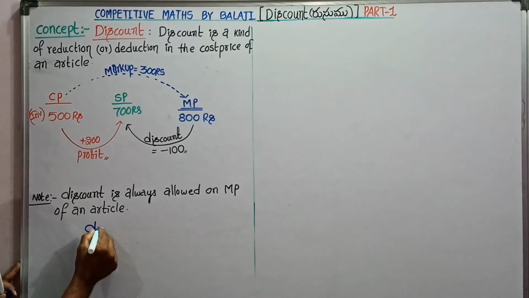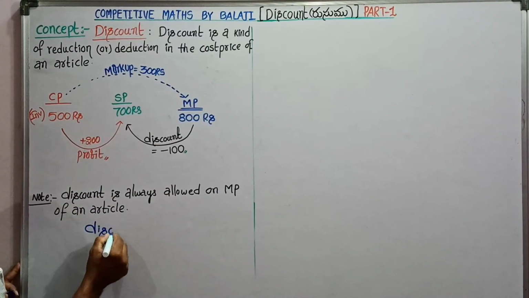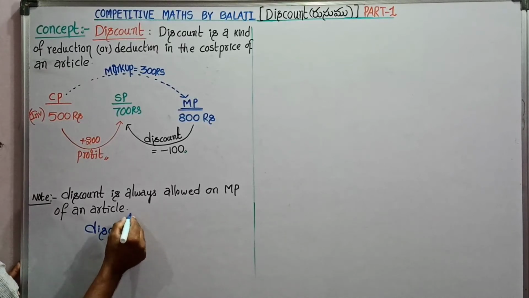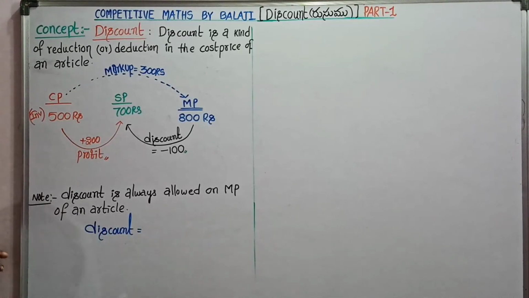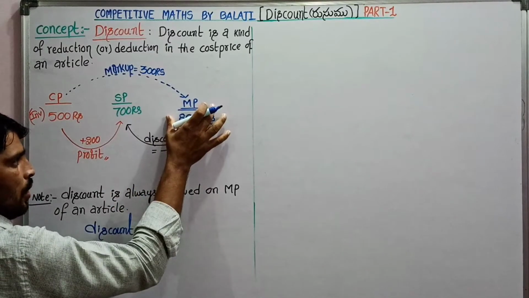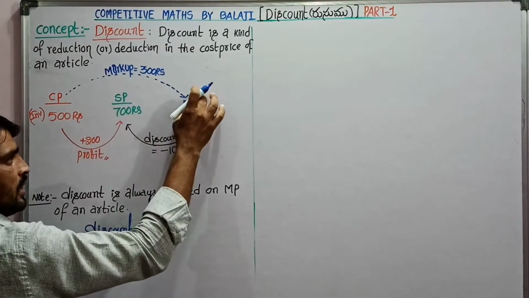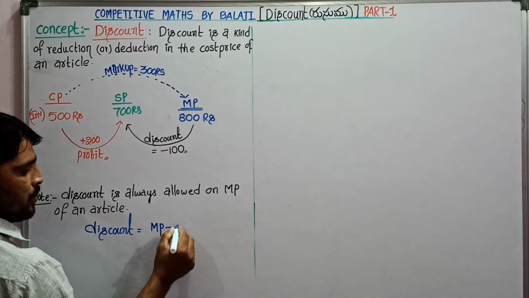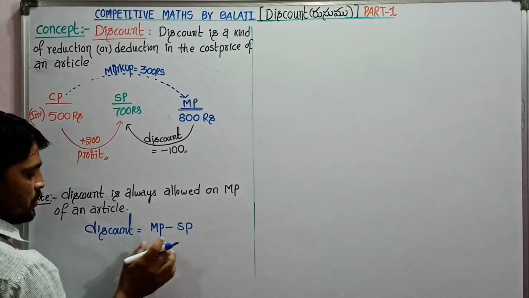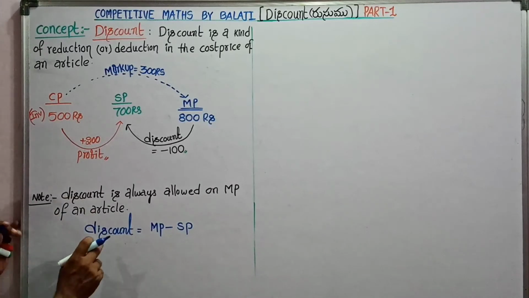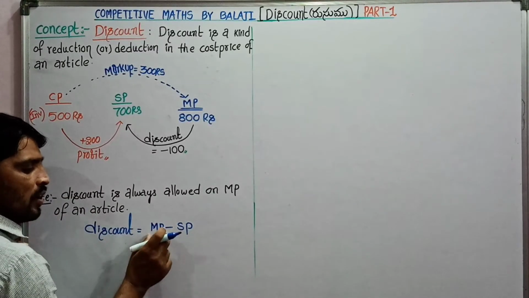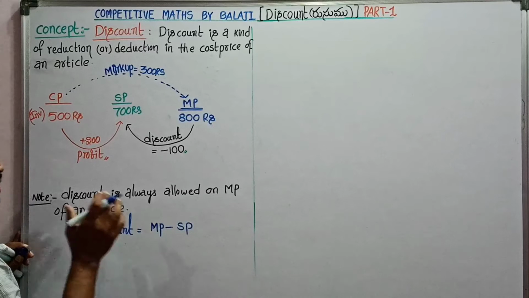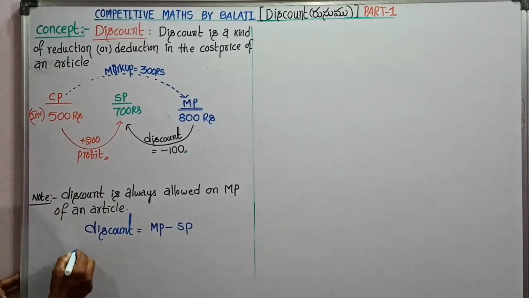Now we have a note that discount is always allowed on market price. So discount is 100 rupees, that is 800 minus 700, market price minus selling price. Discount is the difference of market price and selling price of the article. Now, how would we find discount percent?